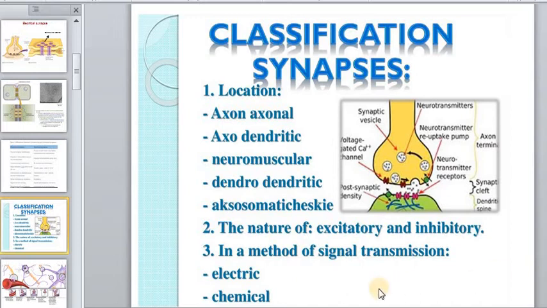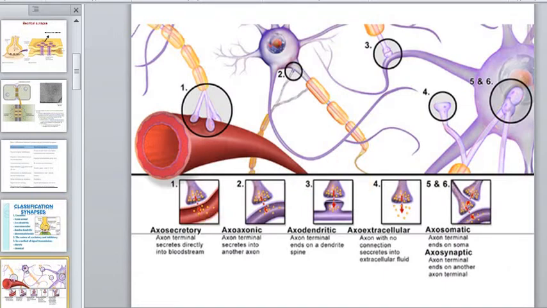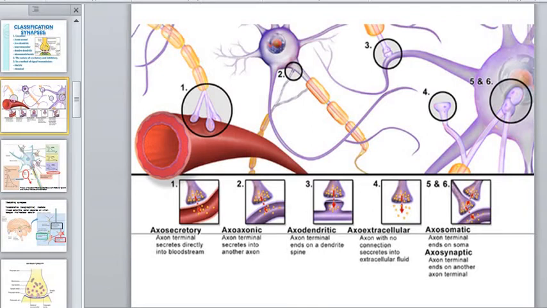Types of attachment between two cells include, so let me describe: axodendritic, where the axon of one neuron contacts a dendrite, by far the most common synapse in the body. Axosomatic, where the axon of one neuron connects to the cell membrane of the body or soma of another cell.